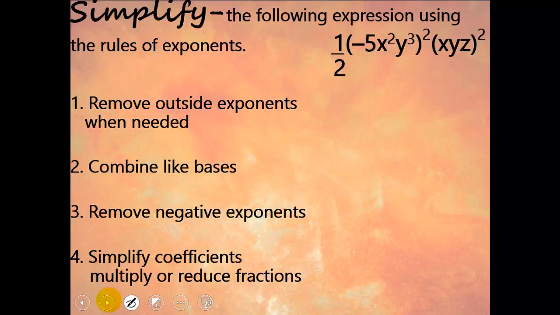Now, for your video question, I want you to try this one on your own and then come back and see if you got it right. All right, here we go. My 1/2 coefficient just stays out there. 1/2.